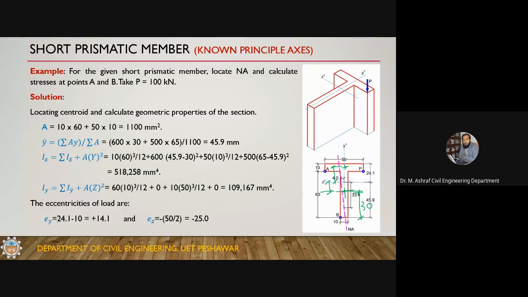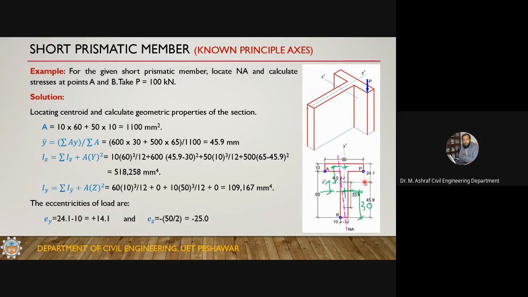Since the distance up to this point is 65 and the distance up to this point is 45.9, it is 65 minus 45.9 squared, so it will result in this value.